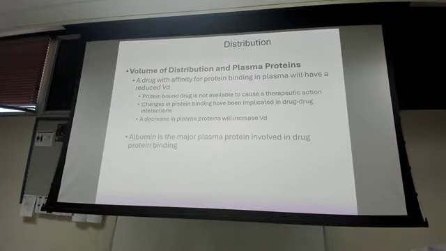Now I can't distribute into my tissue. I've committed myself somewhere else. I'm not free, because I'm bound to this protein over here. So think about the relationship. If I'm here, I can't also be available to do my action, because I've gotten into a relationship.